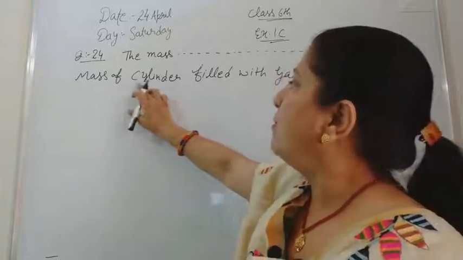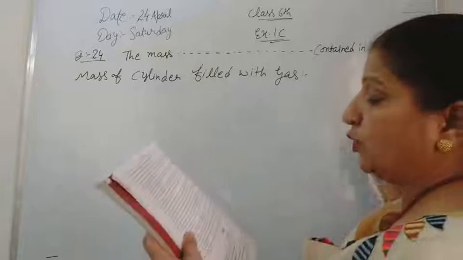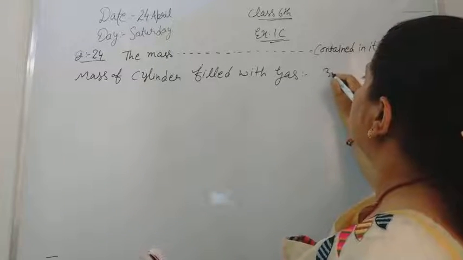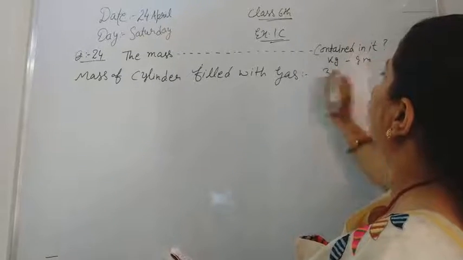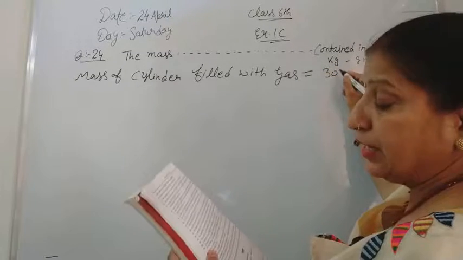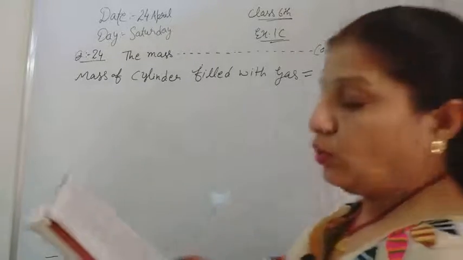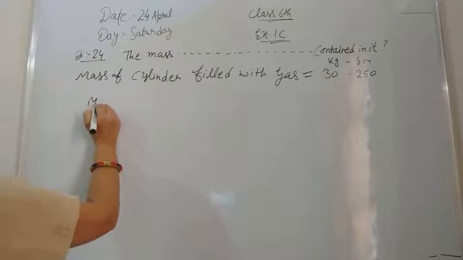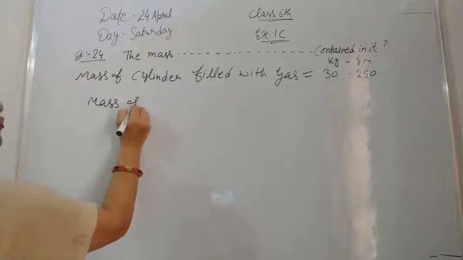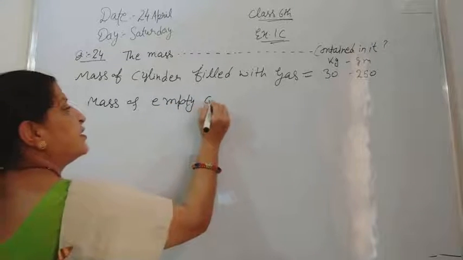So we start our question. First we write: mass of cylinder filled with the gas is equal to 30 kilogram 250 gram. Now we have to write the mass of the empty cylinder.